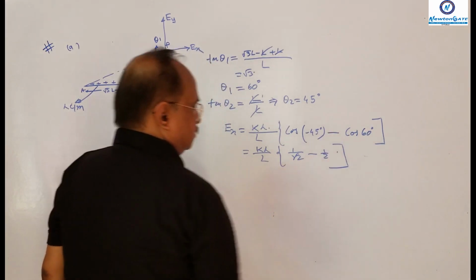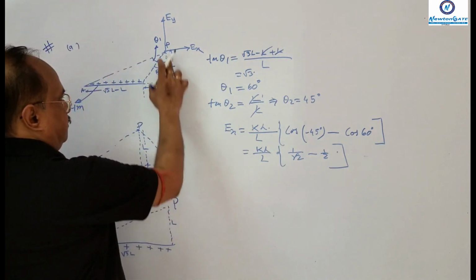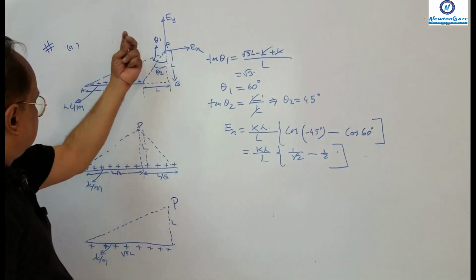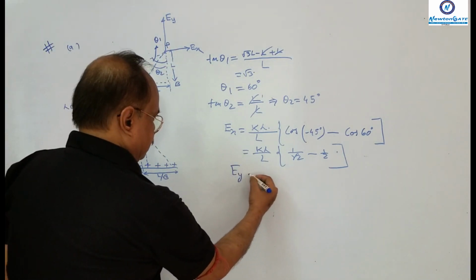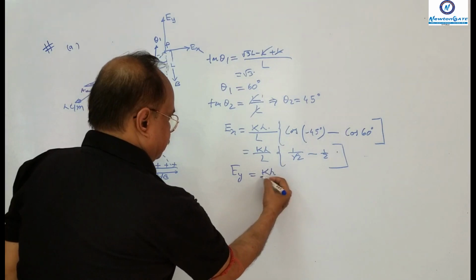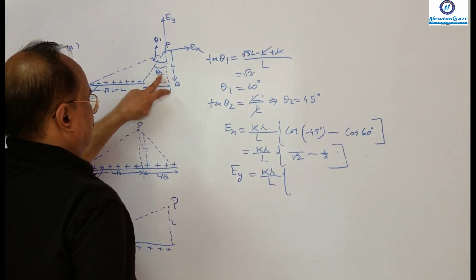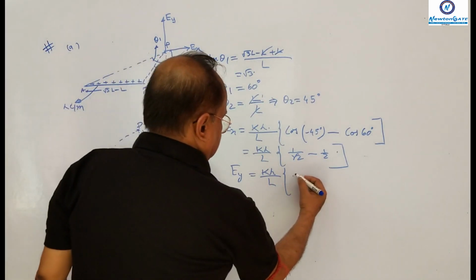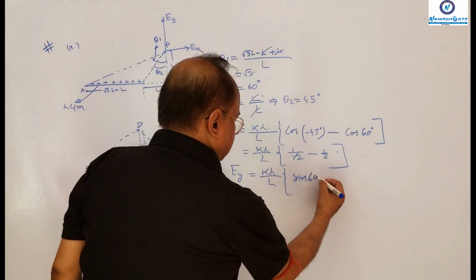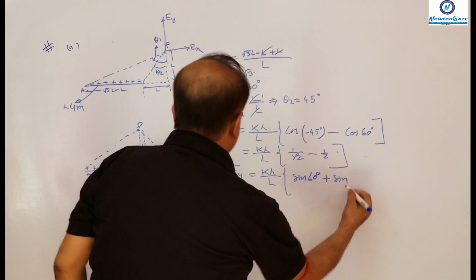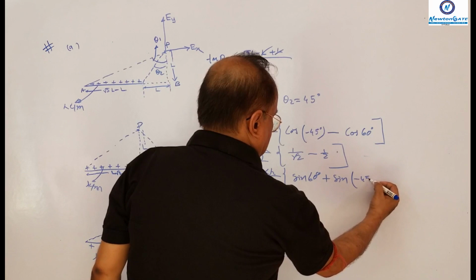Whatever the answer is, this will give the answer for this one's EX part. Now for this one's EY part, it will be again K lambda by L into sine theta 1 first, that is sine of 60 degrees, plus sine of this theta 2, which we have to take as minus 45 degrees.